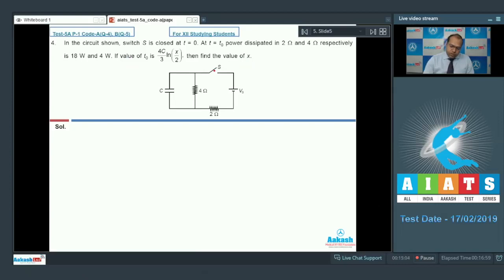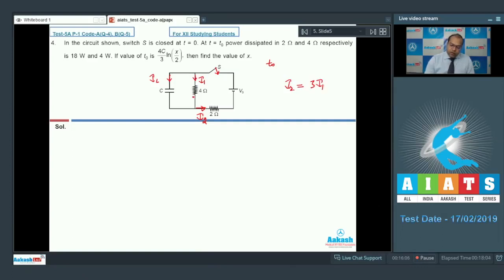So at t equal to 0, this switch S is closed. Let at any time t or t naught, the current in this branch be IC, the current here be I1 and the current here be I2. From the power dissipated data in the given question, we can say that at time t naught, the value of I2 is equal to 3 times I1.